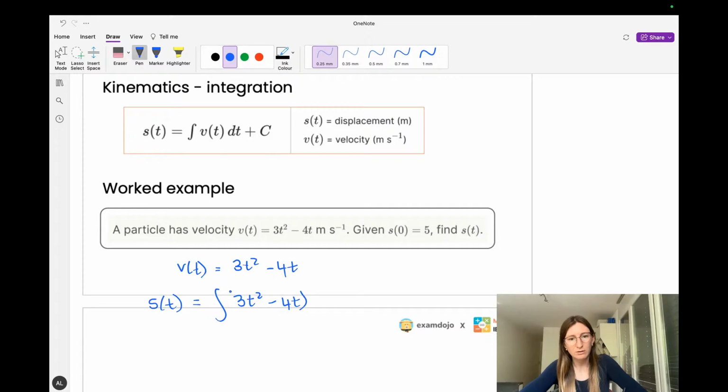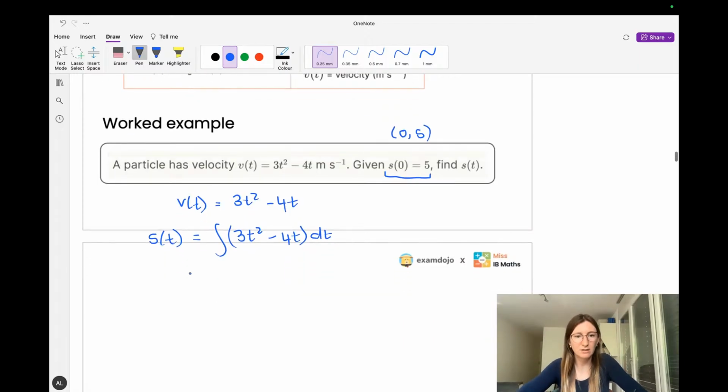If we have more than one term, we should put it in brackets, dt, because you're doing it with respect to t. It's an indefinite integral, so we don't need any boundaries. And they've given us an initial condition here. This initial condition gives us basically an x and y coordinate so that we can find our c, because this is going to give us a plus c, and so we'll need that to figure out what c is to give our final function.